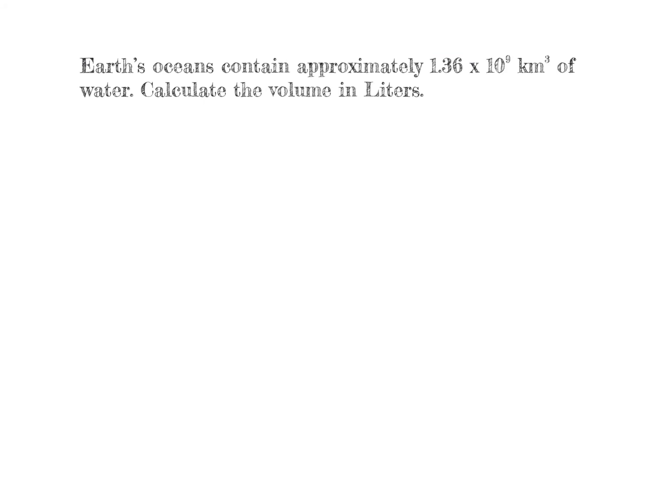In this next example, we're going to handle a 3-dimensional unit. Okay, let's see. Earth's oceans contain approximately 1.36 times 10 to the 9 kilometers cubed of water. Wow, that's quite a bit. Let's calculate that volume in liters. Okay, so how am I going to go from kilometers cubed all the way to liters?